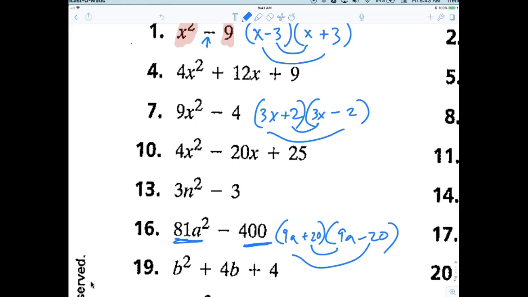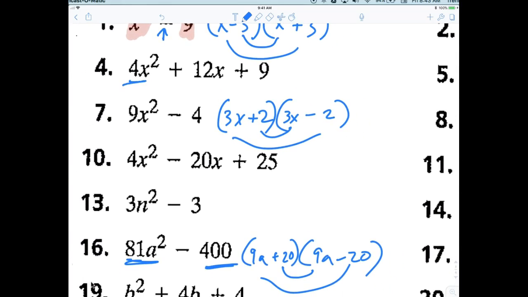So now if I'm looking at number 4, how do I recognize that? 4x squared is a perfect square and 9 is a perfect square. All right, so watch how simple. 2x and 2x, 3 and 3, plus plus. Now you should know that just from yesterday's work because that's no different.